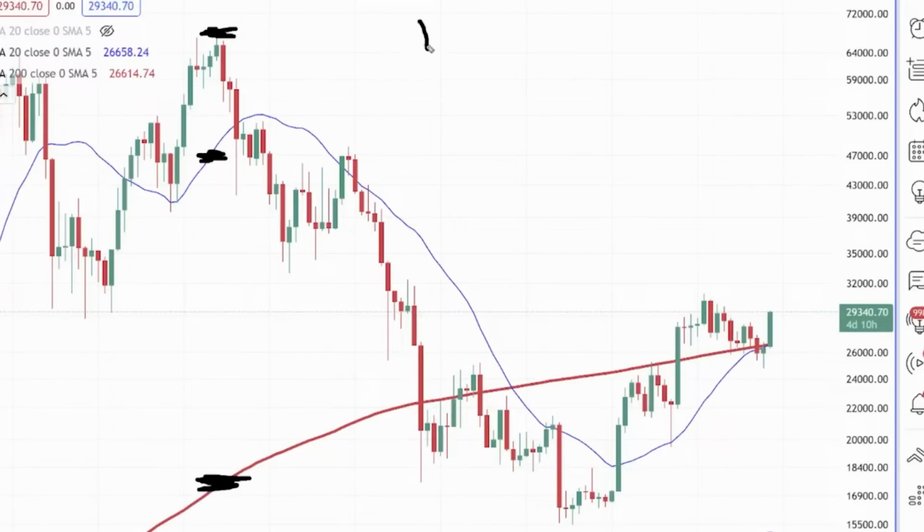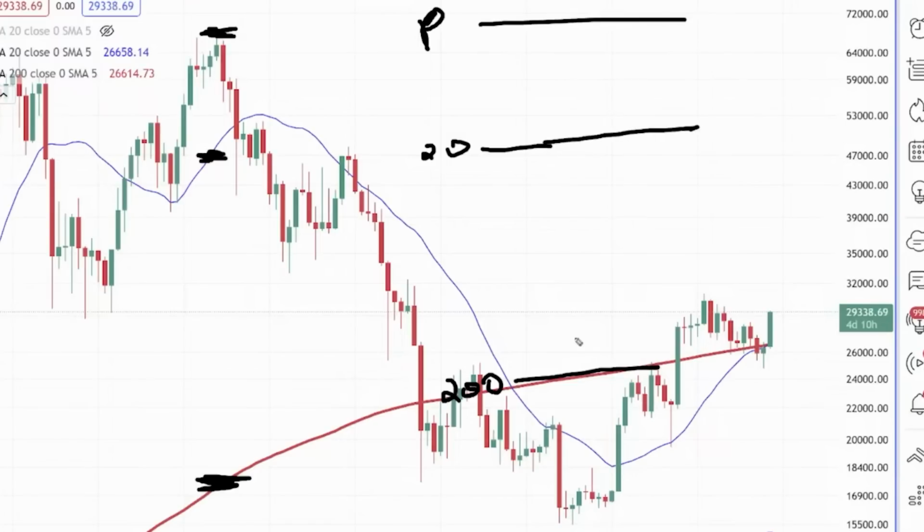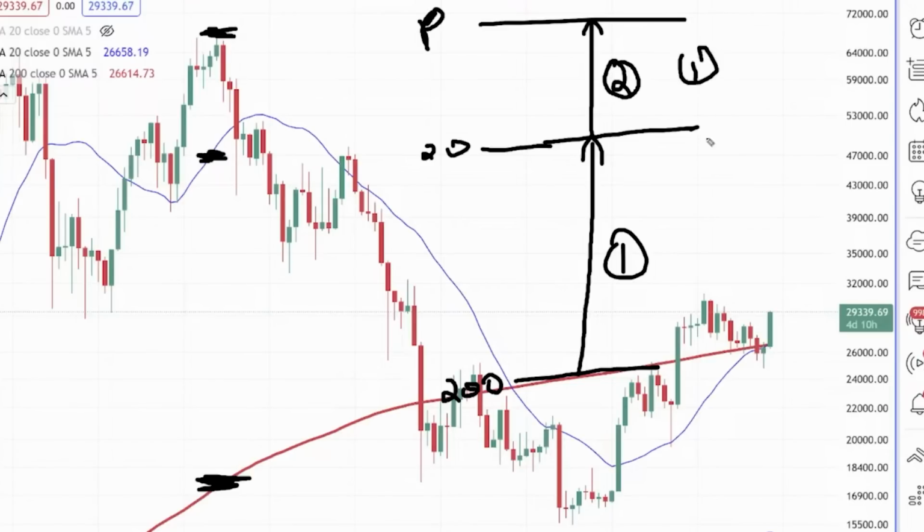So you've got three items: you have the price, you have the 20, and you have the 200, all separated apart, to create space 1 and space 2. That's why we call it dual space. Doesn't matter which space you number, this could be 1 and 2, as long as you understand there are two layers.